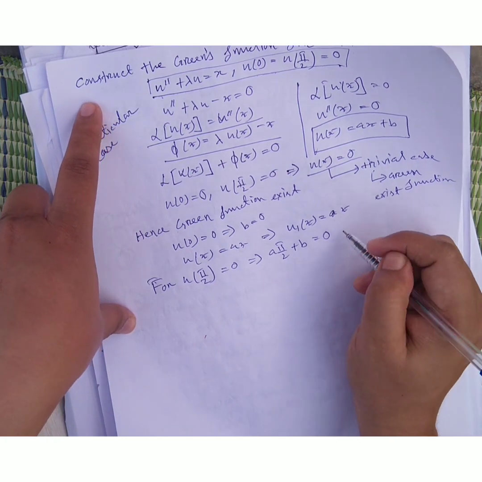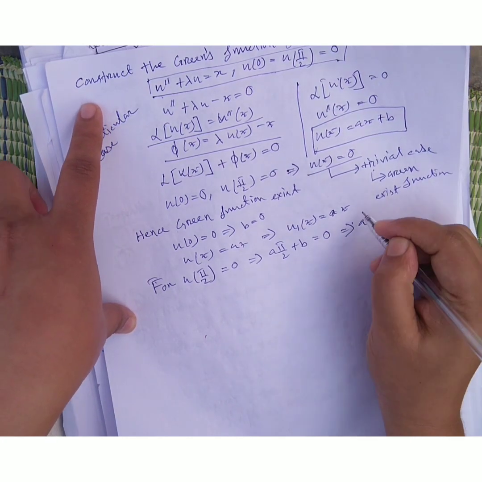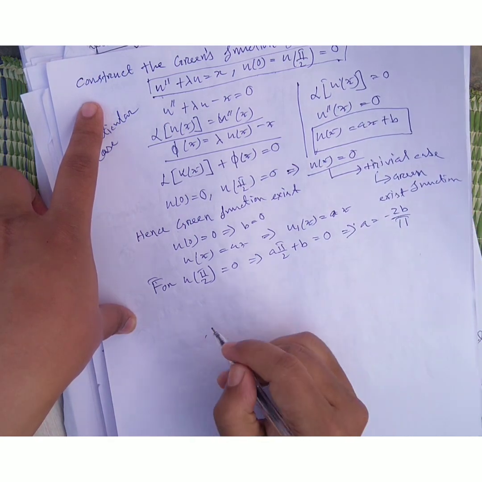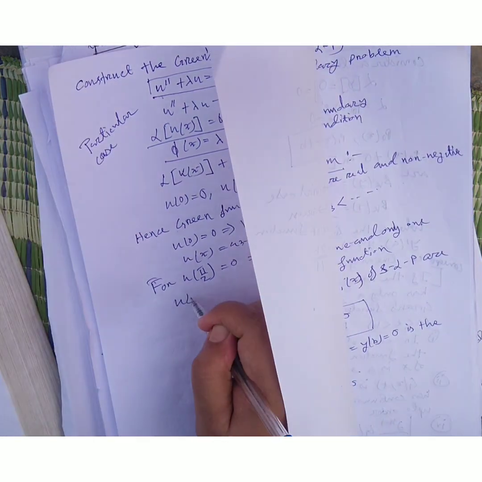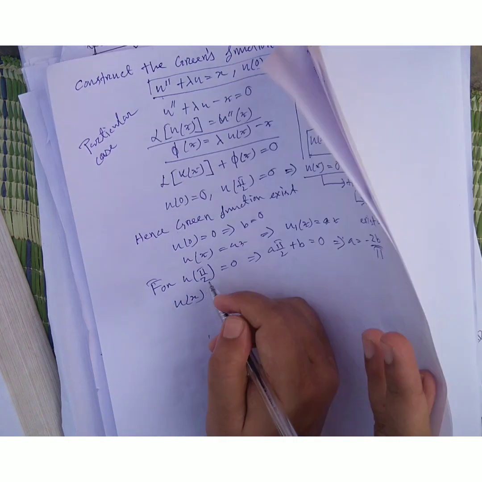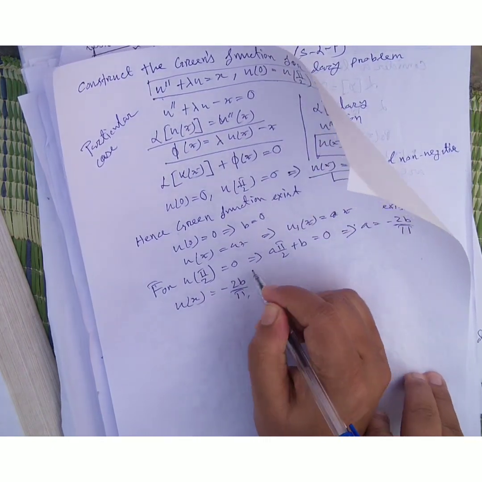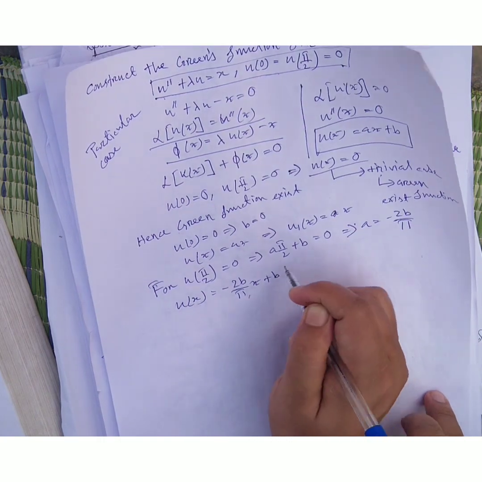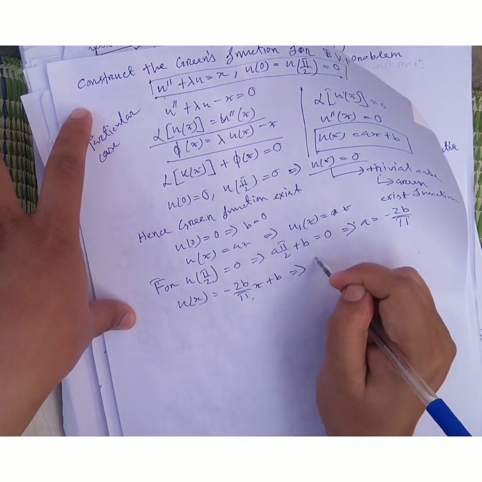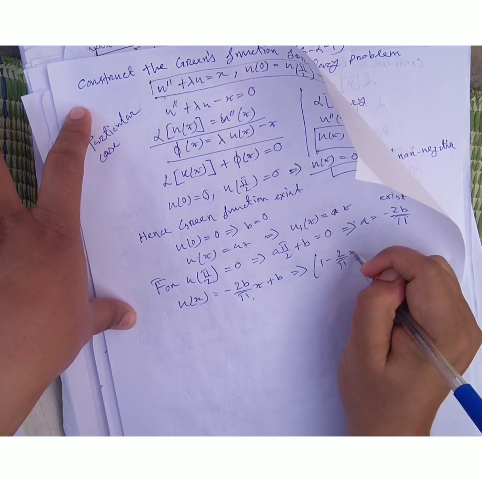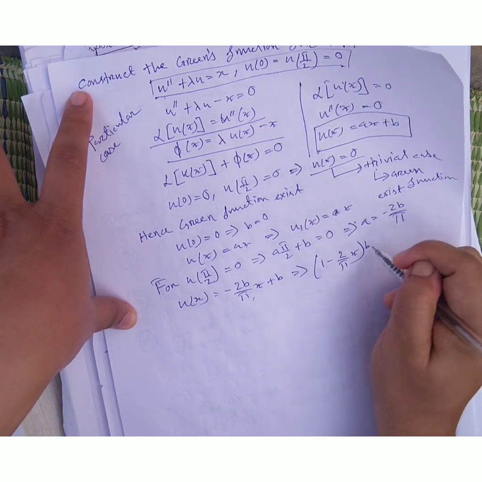Then a is equal to minus 2b by pi, and u x is equal to minus 2b by pi x plus b, which is 1 minus 2 by pi x into b.